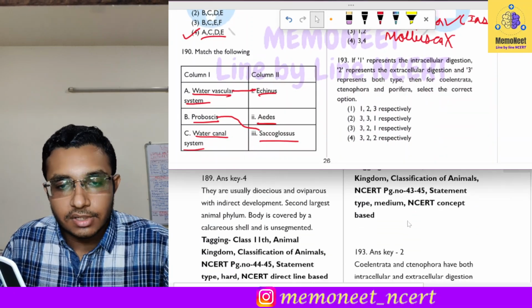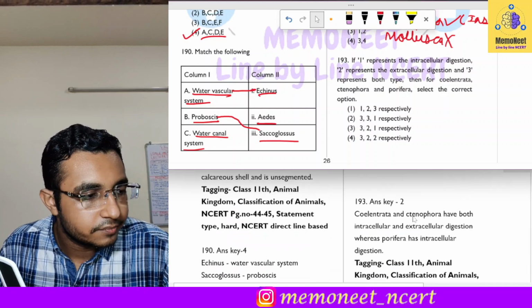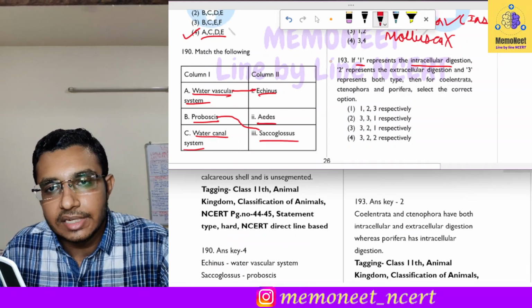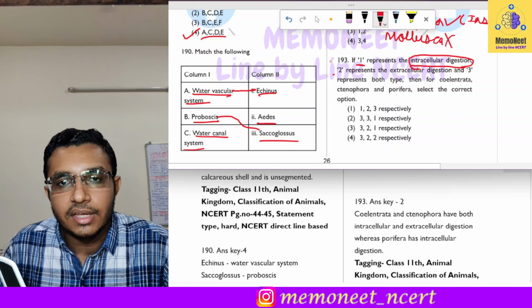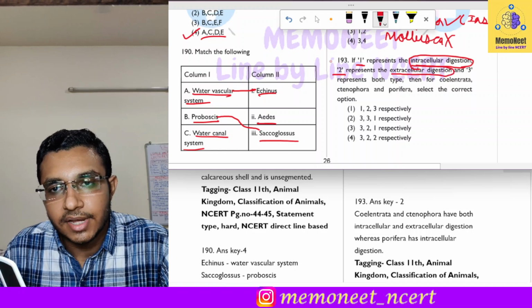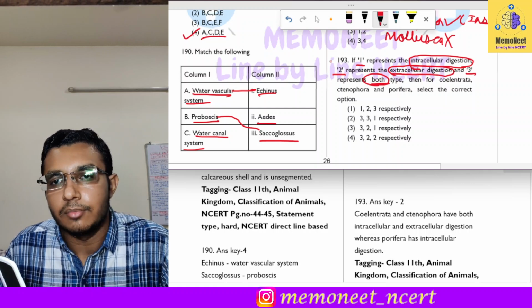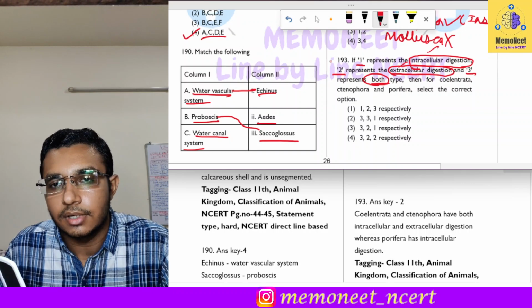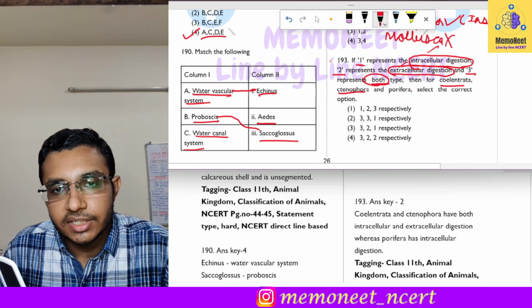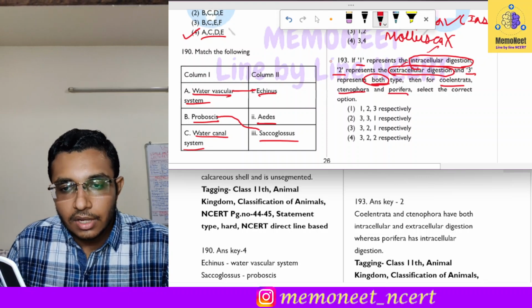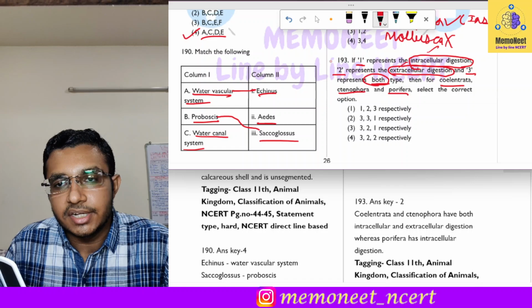The next question is question number 193. It states that if 1 represents the intracellular digestion, 2 represents the extracellular digestion, and 3 represents both types, both intracellular and extracellular, then for Coelenterata, Ctenophora and Porifera, select the correct option. Now what happens in Coelenterata and Ctenophora?